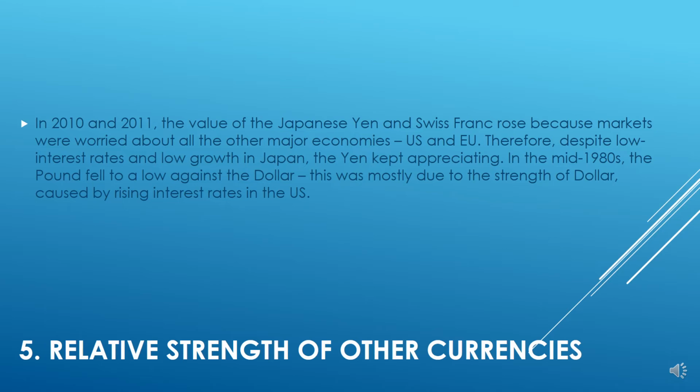Therefore, despite low interest rates and low growth in Japan, the yen kept appreciating. In the mid 1980s, the pound fell to a low against the dollar. This was mostly due to the strength of the dollar caused by rising interest rates in the US.